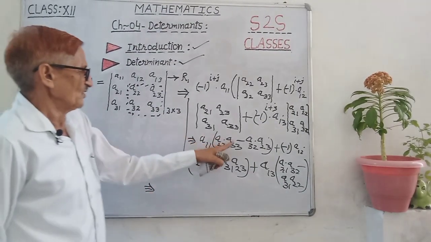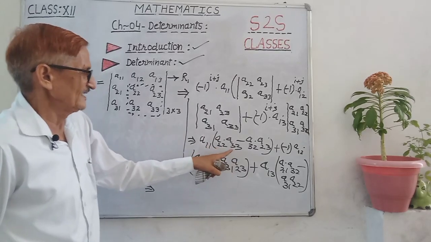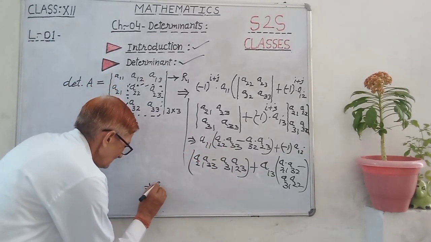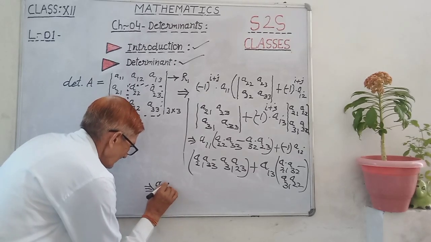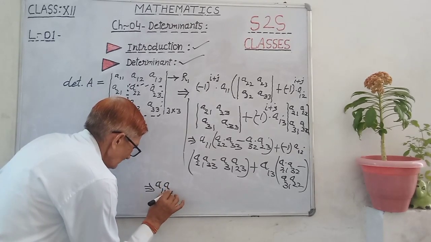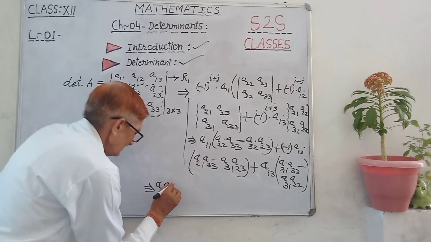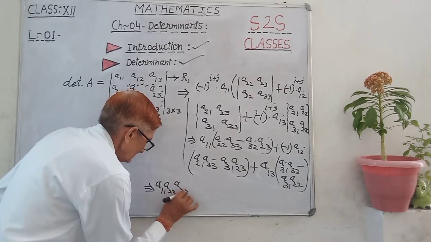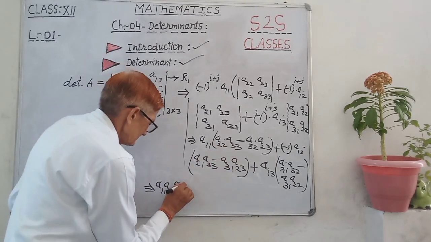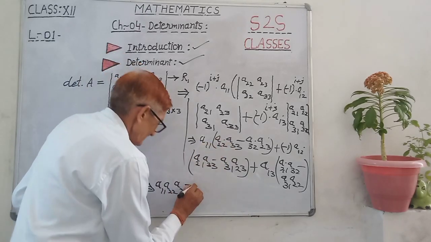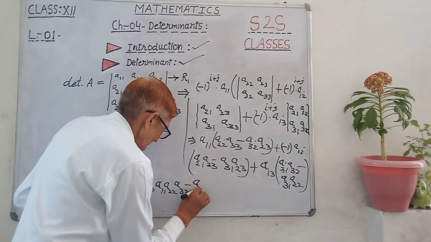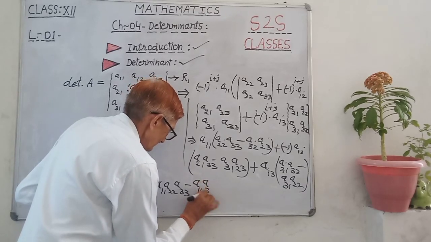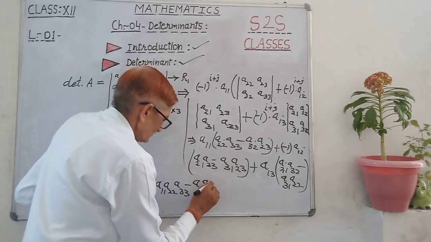This expand, full multiply. ध्यान से क्या बना? A11 A22, ध्यान से लिखो, A11 A22 into A33 first element, minus A11 A32 A23.